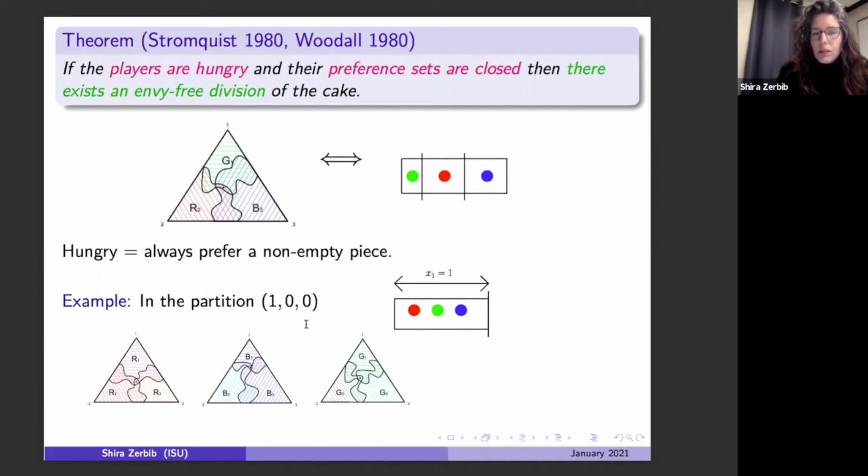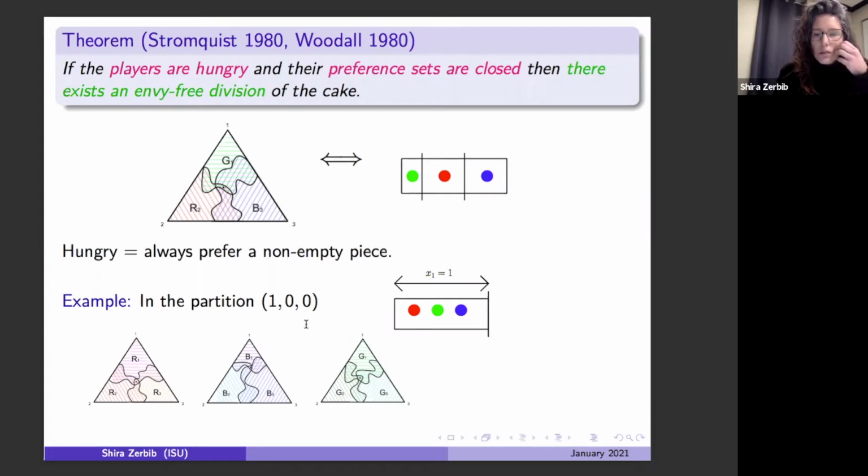Okay, so this is the classic envy-free division theorem. And what we want to do now is to generalize this theorem to more than one cake. So now instead of having just one one-dimensional object that we want to divide between a set of people, we have multiple one-dimensional objects that are to be cut into different numbers of pieces.